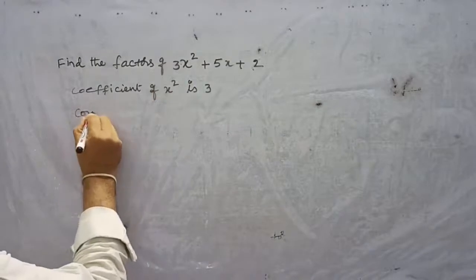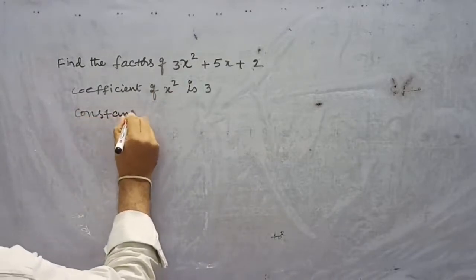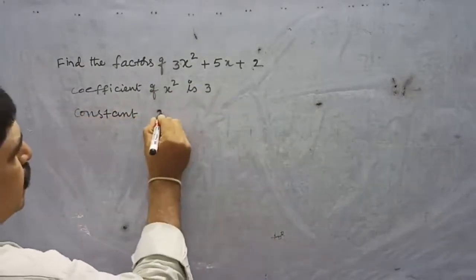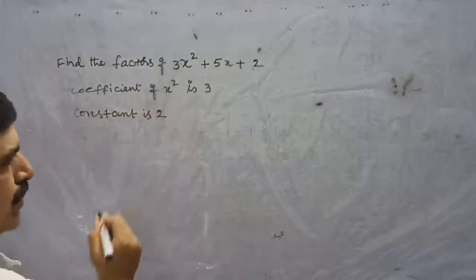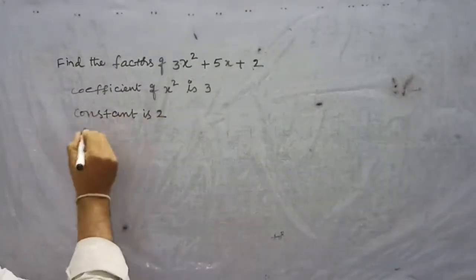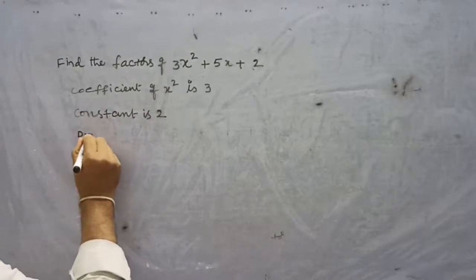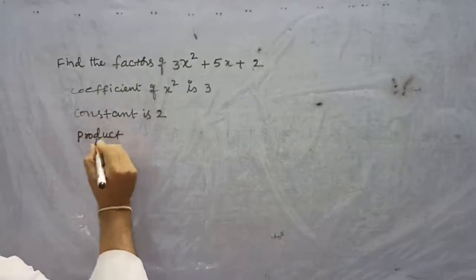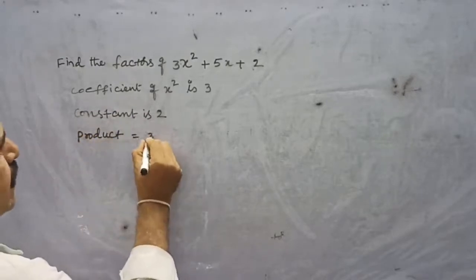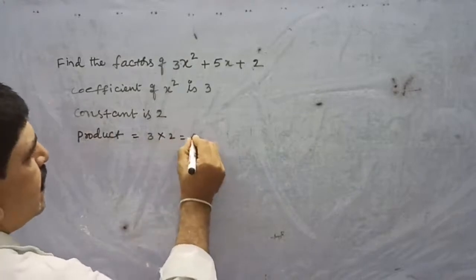Next, the constant is 2. Next, find the product of these two. 3 into 2 is equal to 6.